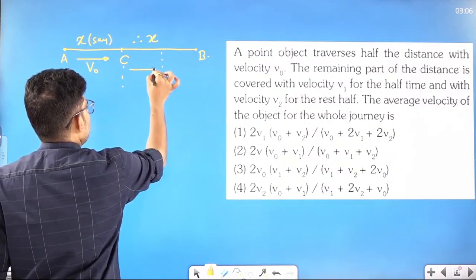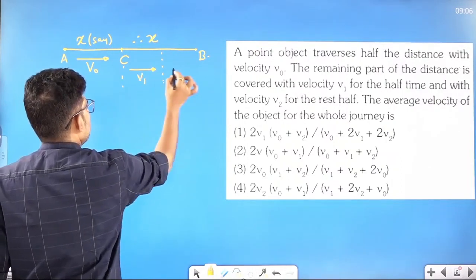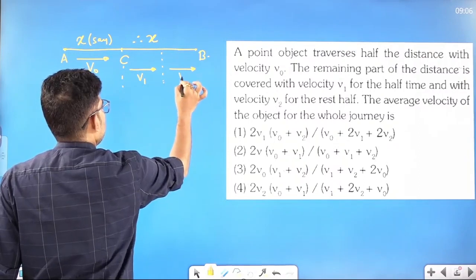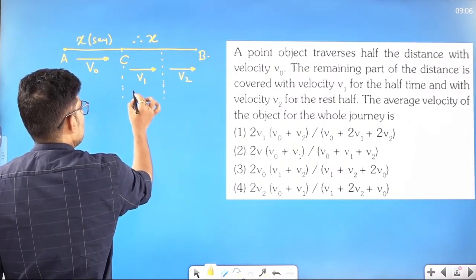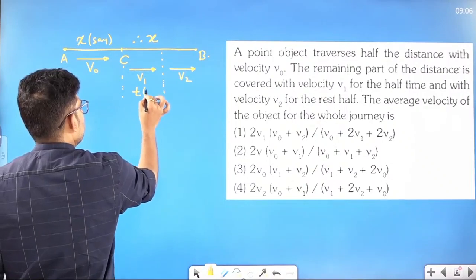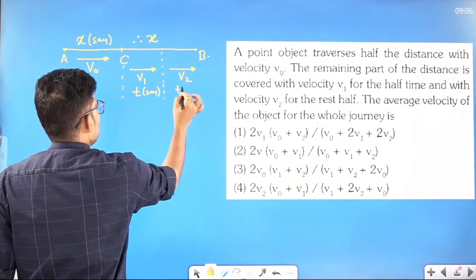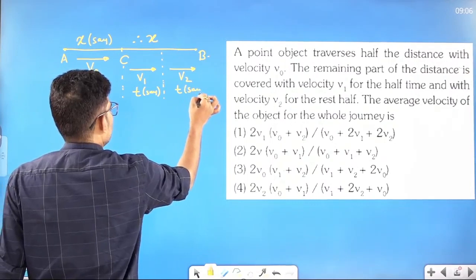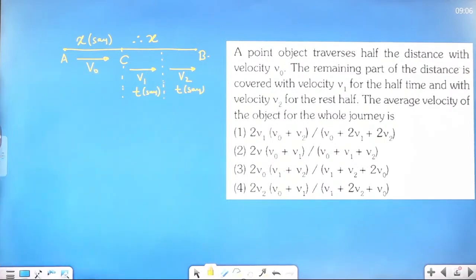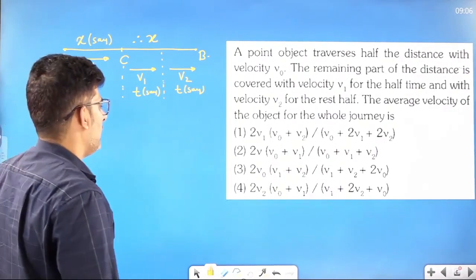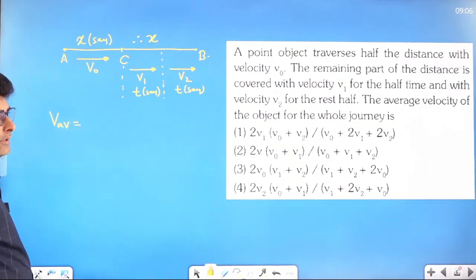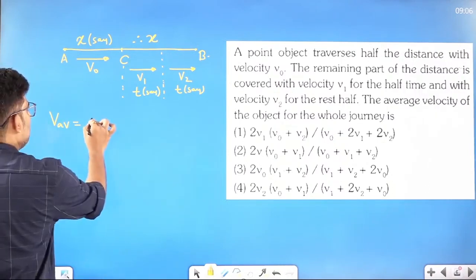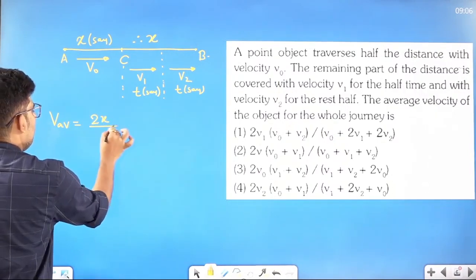So here you are traveling with speed v1 and here you are traveling with speed v2, and they are saying that both times are equal. So these are equal times. Suppose I take it as t, so this will also be t, both are equal. Now they are asking what is the average velocity for the whole journey. Clear? So average velocity is total distance, which is 2x, divided by total time.